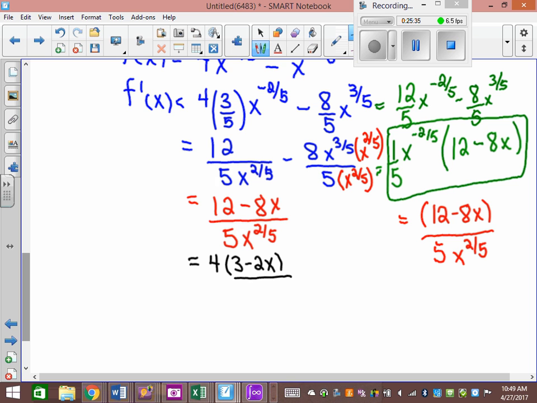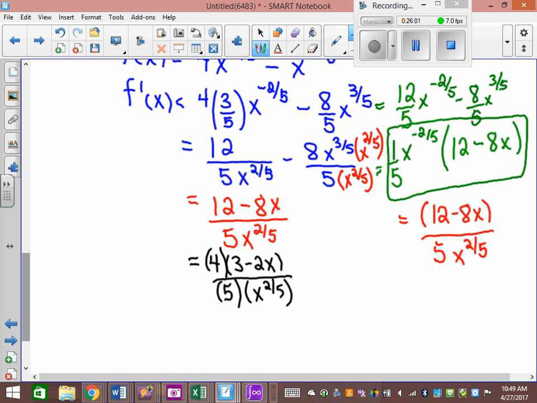The bottom, you actually have a 5 in front, and then an x to the 2/5. Now, what I've told you before, are these GCFs, do they get you any type of critical number if the GCF is just a whole number or even a fraction? If it doesn't have a variable, will it get you a critical number? No. The only way you get critical numbers is if there's a variable.